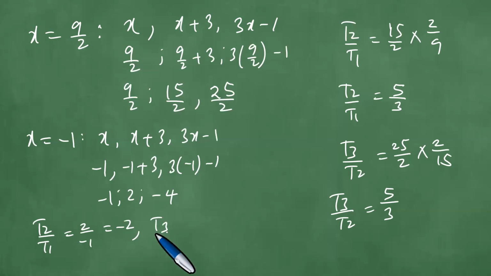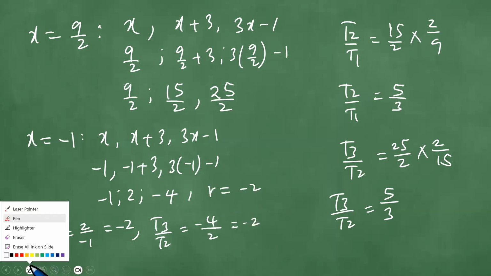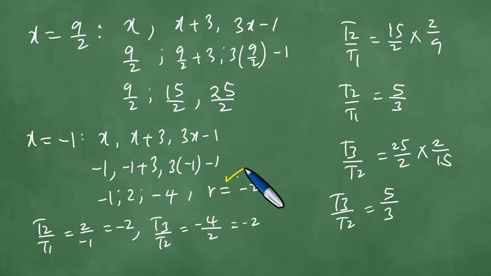And then you have T3 over T2. T3 is minus 4 over T2, which is 2, giving minus 2, meaning there is indeed a common ratio. Here the common ratio is minus 2, and it makes this one indeed geometric.